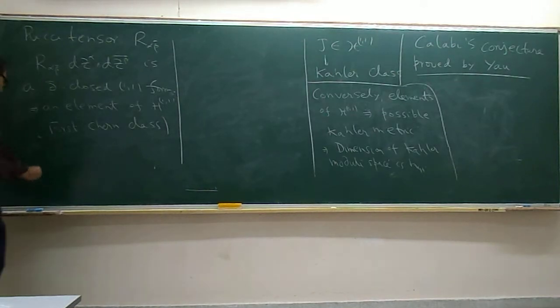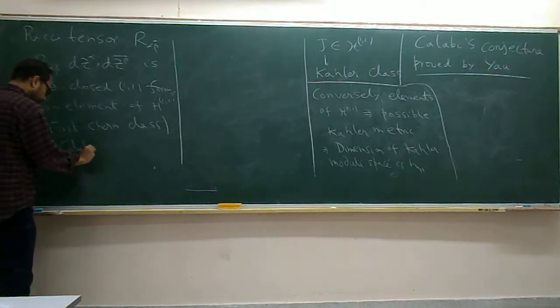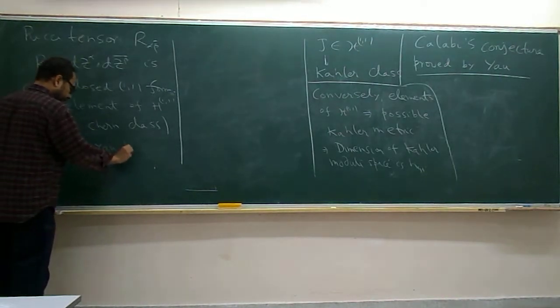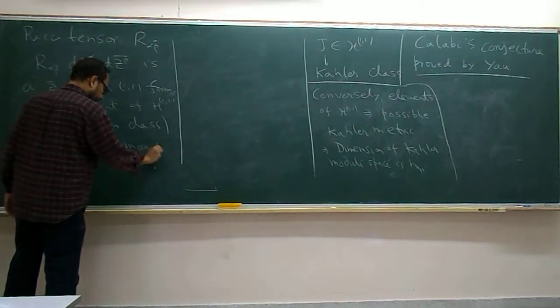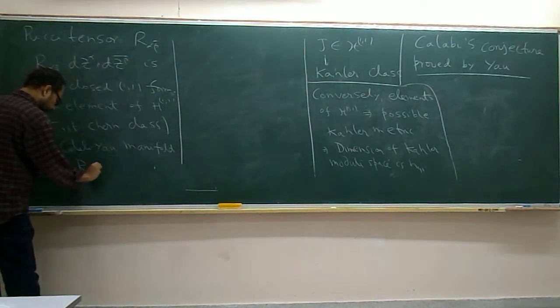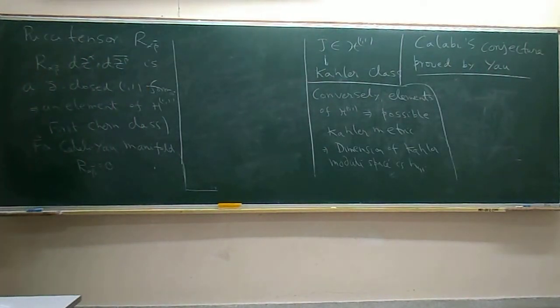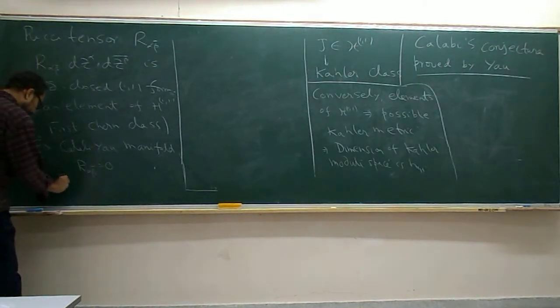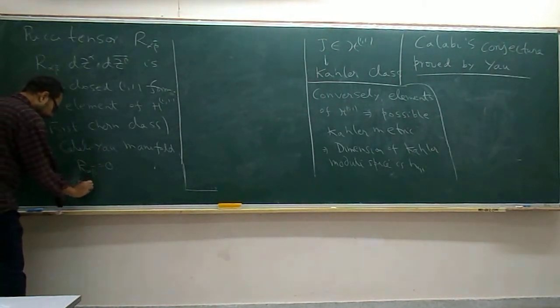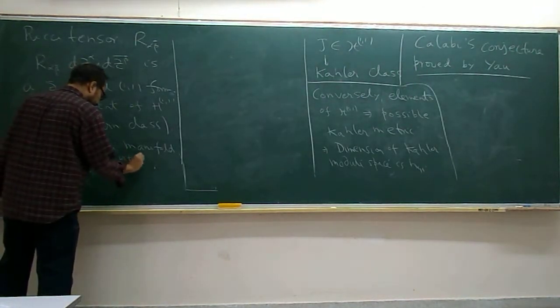So for a Calabi-Yau manifold, the first Chern class vanishes. Well, I should say for a Calabi-Yau manifold with Ricci flat metric.